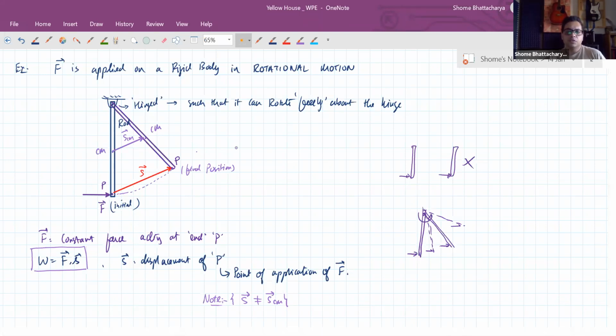So hope this point is now clear, Sarah. It's clear what the difference is between displacement of point of application and displacement of center of mass. Okay, good.